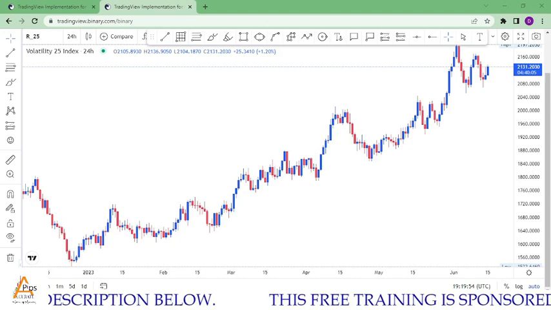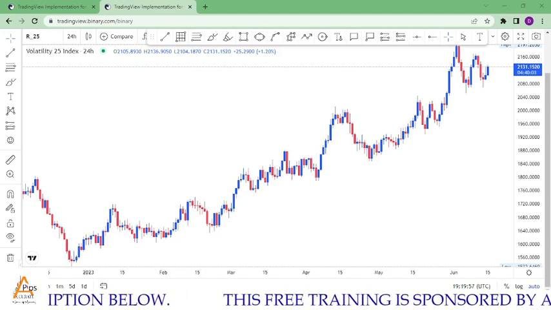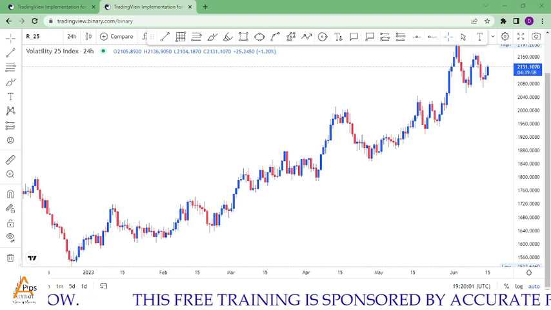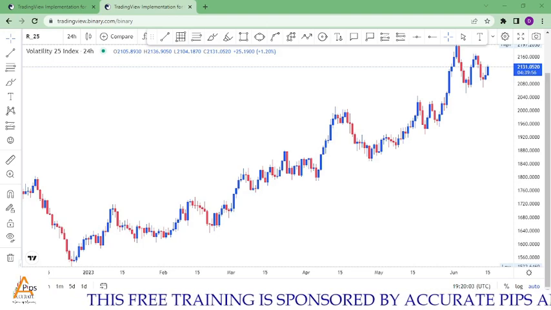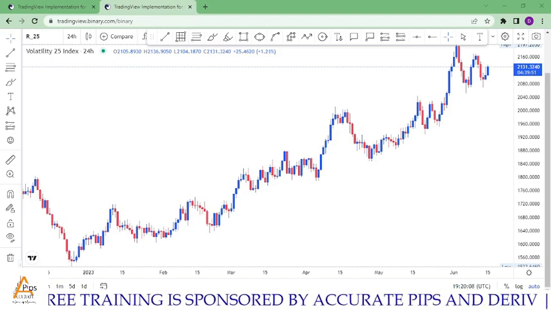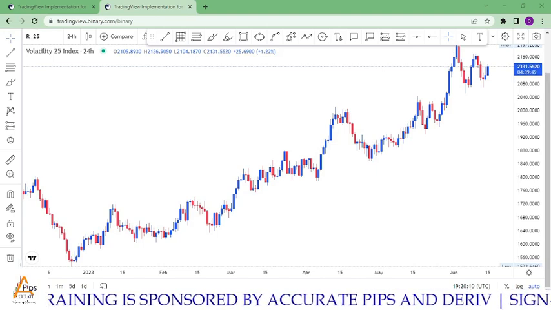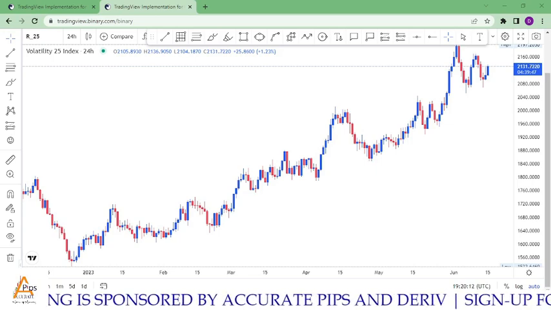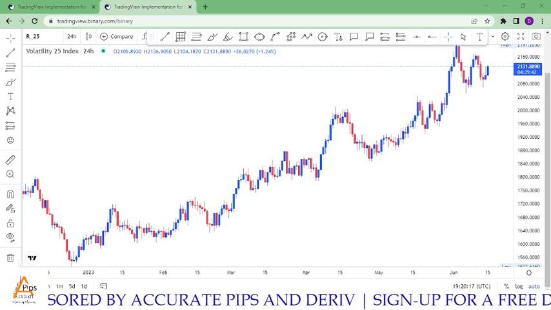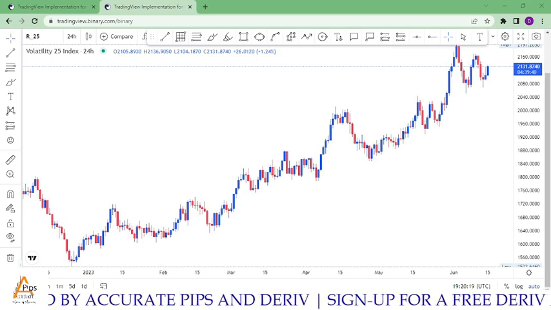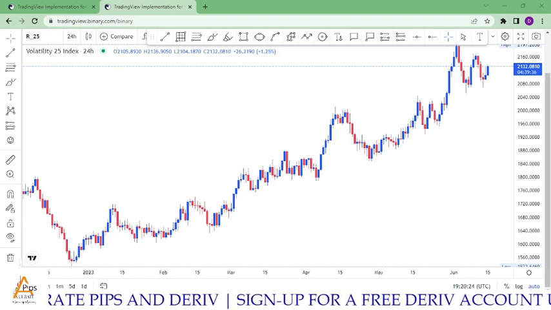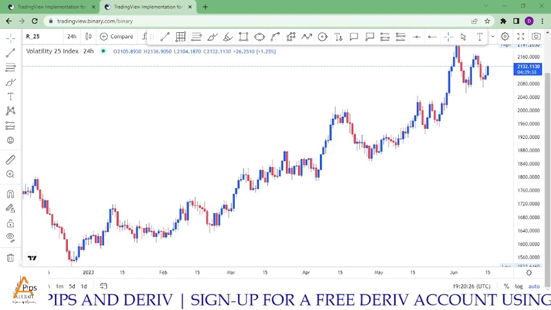All right, so the first terminology I want us to look at is trending market. Trending markets, we have two types. We have the uptrend, also known as the bullish market, and we have the downtrend, also known as the bearish market. When we talk about trending markets, we are looking at a market that has a specific direction.